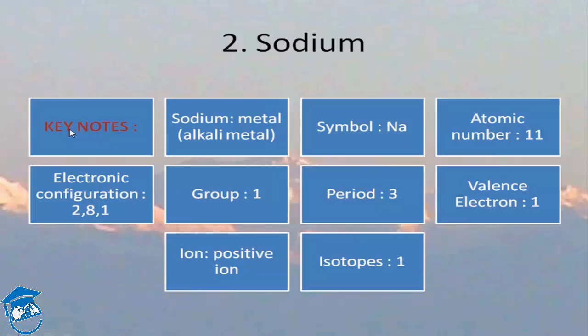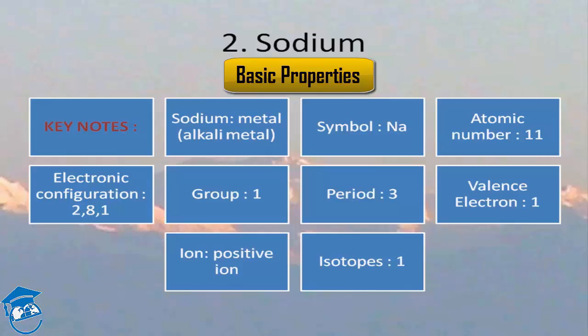Before going through the reaction part, let's understand some basic properties of sodium. Friends, we know that sodium is a metal and one of the group members of alkali metals. If you see the modern periodic table, you can see sodium on the extreme left side, in group 1 and period 3, with the symbol Na and atomic number 11.